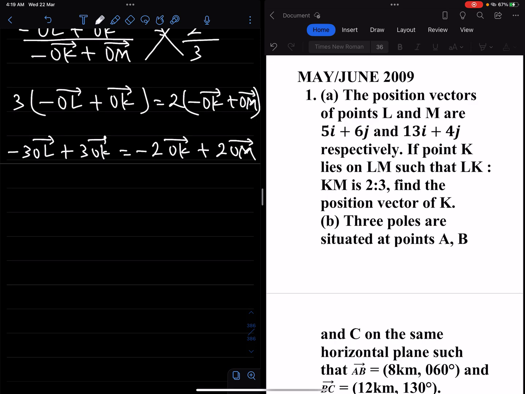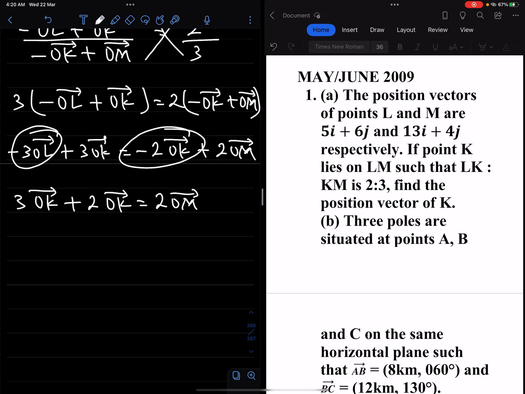And now we can collect like terms. This simply means 3OK, I'm bringing minus 2OK to the left hand side, and it becomes plus 2OK equals 2OM.